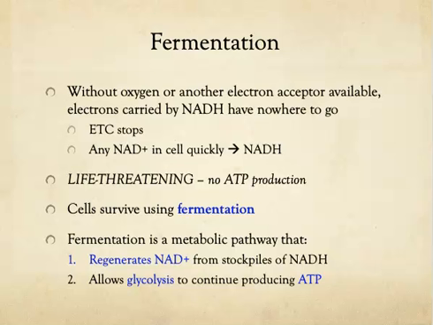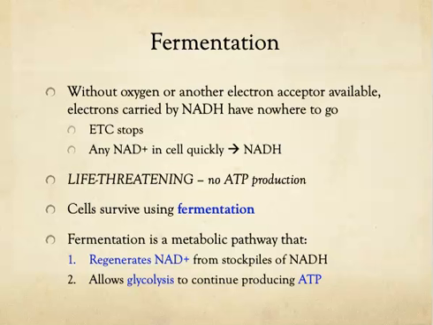I want to say a few words about fermentation. Remember that for a cell that relies on cellular respiration and oxidative phosphorylation, not having their final electron acceptor available is a big problem.